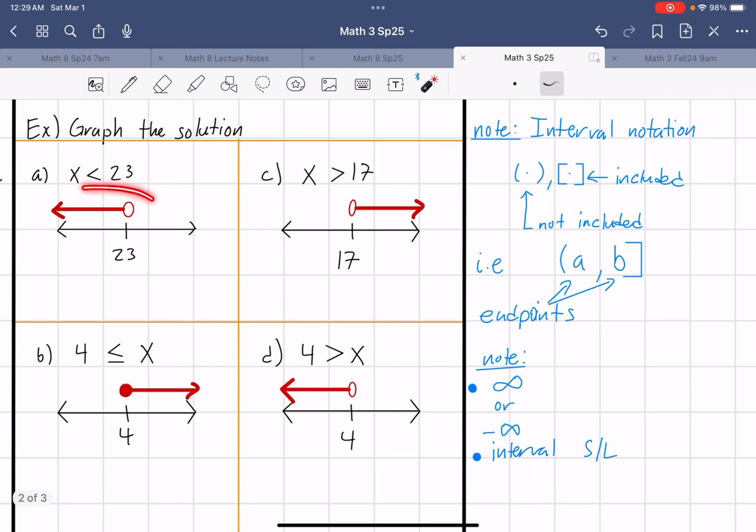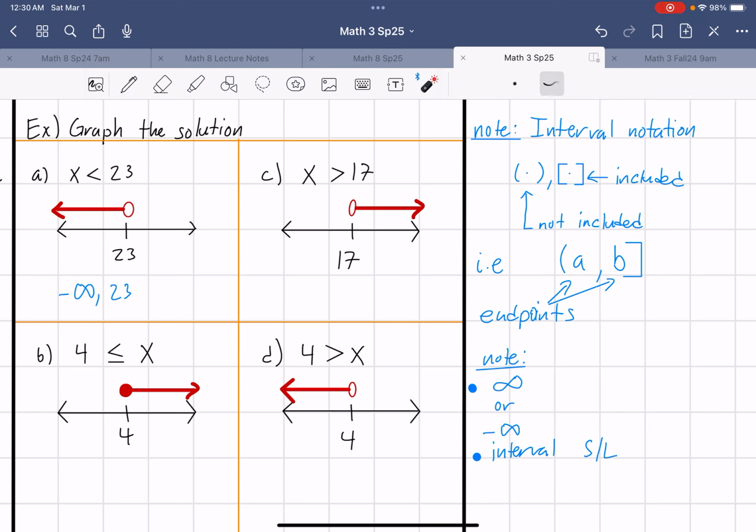So here, in this very first one, like I said, you can pause this video at any moment and try to attempt to write the interval notation for these 4 examples. Now, this very first one, there is no endpoint on our left, but it is continuing in that negative x direction. So I would say the interval starts at negative infinity, and then it stops at 23.